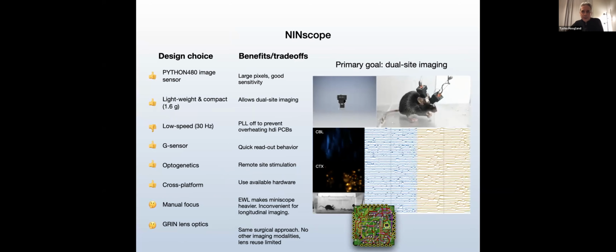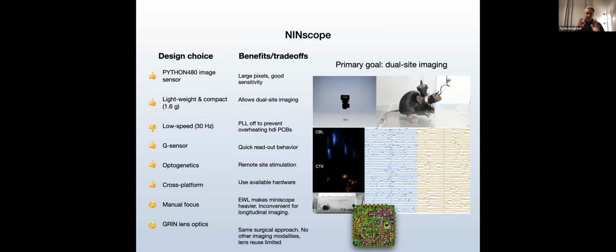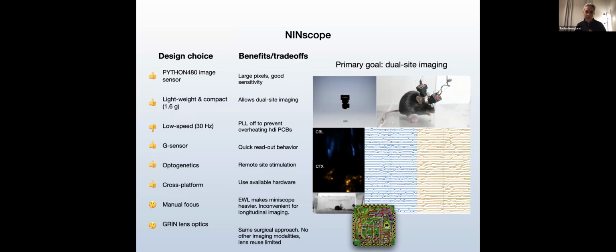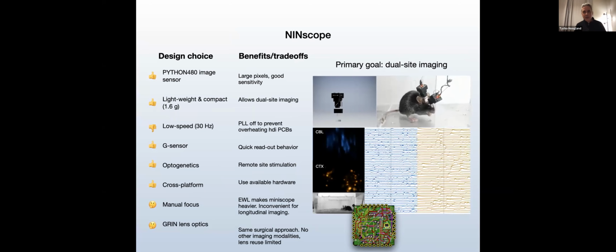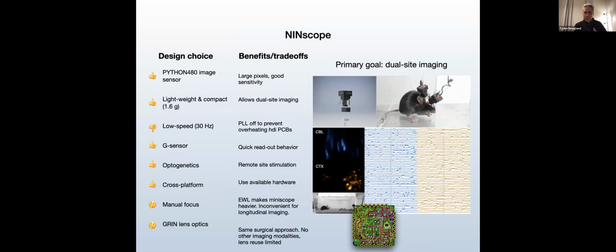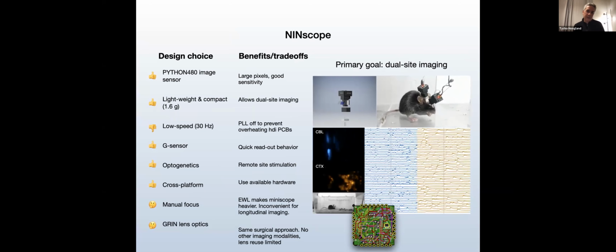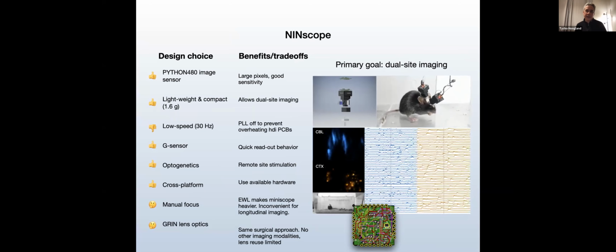So the primary goal for developing our Miniscope was actually to be able to record from two regions at the same time. So we wanted to be able to record from cerebellum, which we have been researching for a long time. But we're also venturing a little bit more out of the cerebellum and looking at how the cerebellum and other brain regions are synchronizing their activity.